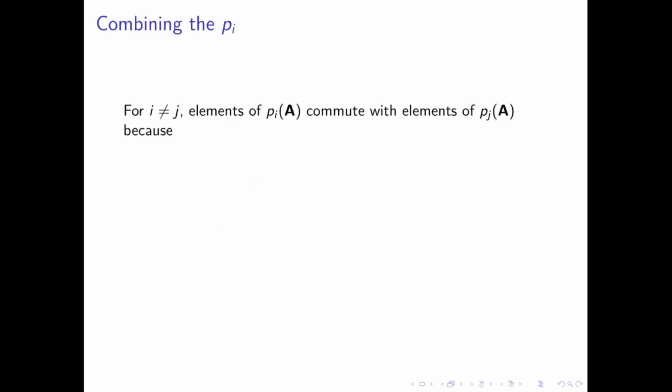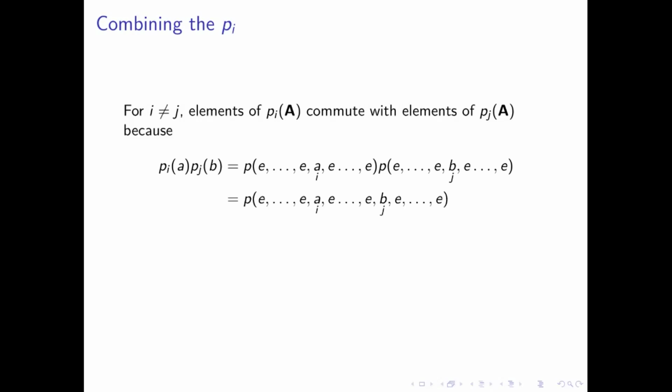Okay, so some basic results that you need in order to prove that this thing is a selection function. First, take two indices, and notice that if i and j are different indices, then the elements of Pi of A are going to commute with the elements of Pj of A. So the proof is just a few equations here. First equality is just the definition of Pi, Pj.